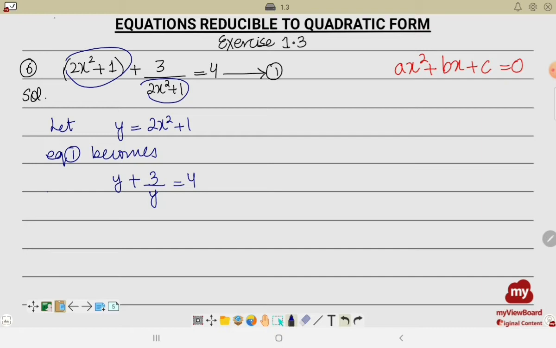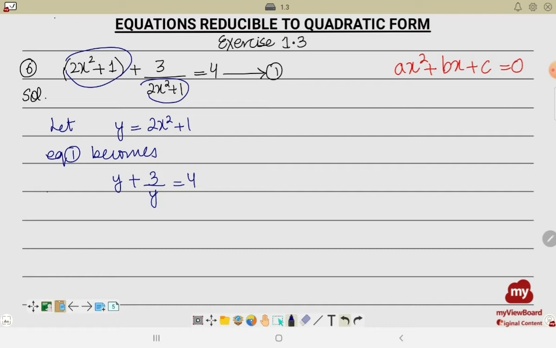So still our equation is not in standard form. How are we going to convert it? We'll multiply the whole equation by the LCM, and here the LCM is y. When we multiply the first term by y, we'll get y square. When we multiply the second term by y, it will get cancelled. Let me show you the steps.